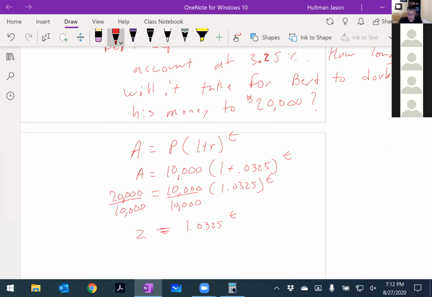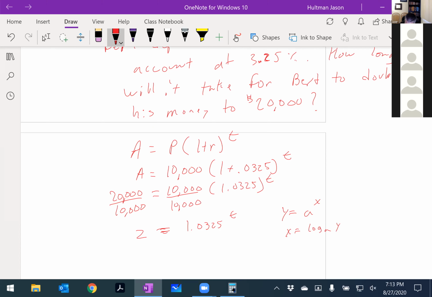Now what I want to do is change this into logarithmic form. How can I change this into logarithmic form? Think of this as y equals a to the x power. How could I change that into logarithmic form? Well, this would be x equals log base a of y.